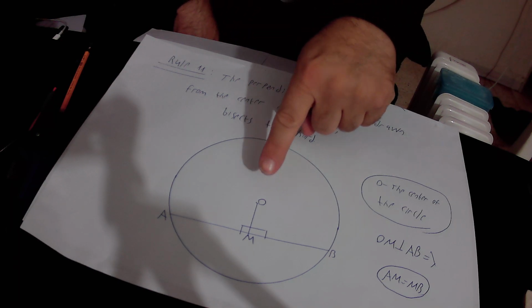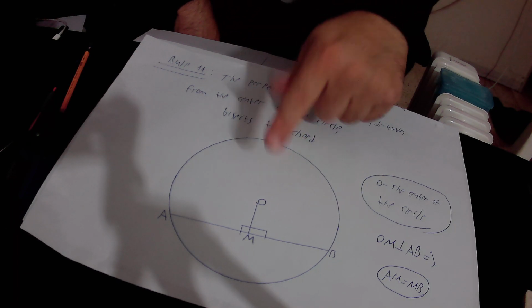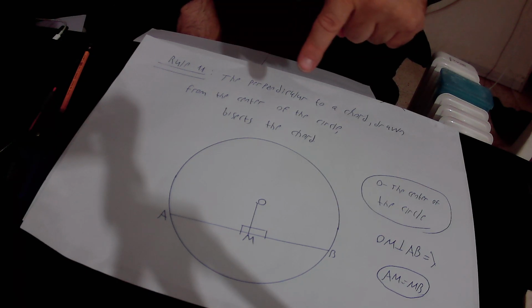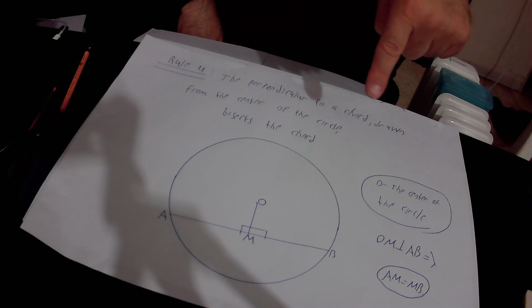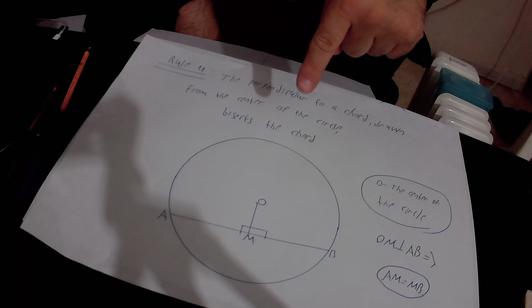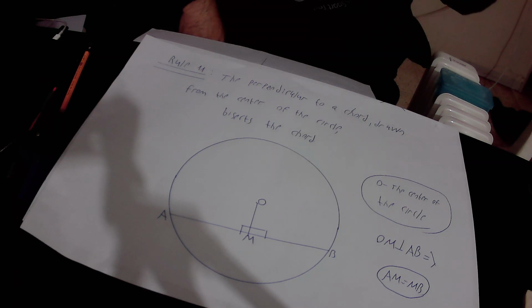That is to say, this angle equals 90 degrees and this angle equals 90 degrees according to our construction. And whenever we have a perpendicular from the center of the circle towards any chord, that perpendicular also bisects the chord. That is to say, OM divides chord AB into two halves. The first half is AM and the second half is MB. therefore AM equals MB.